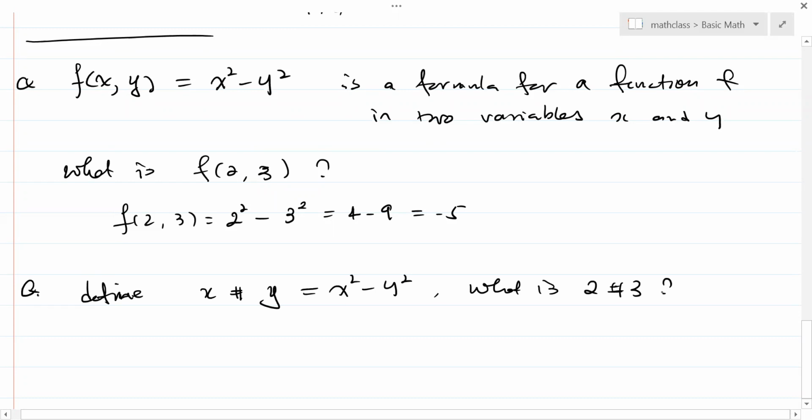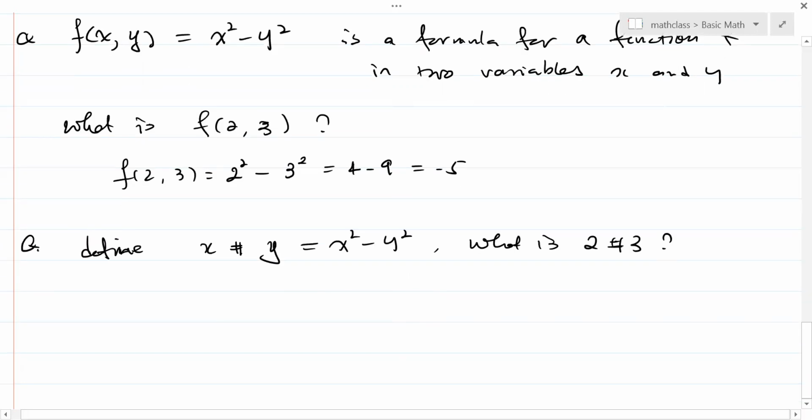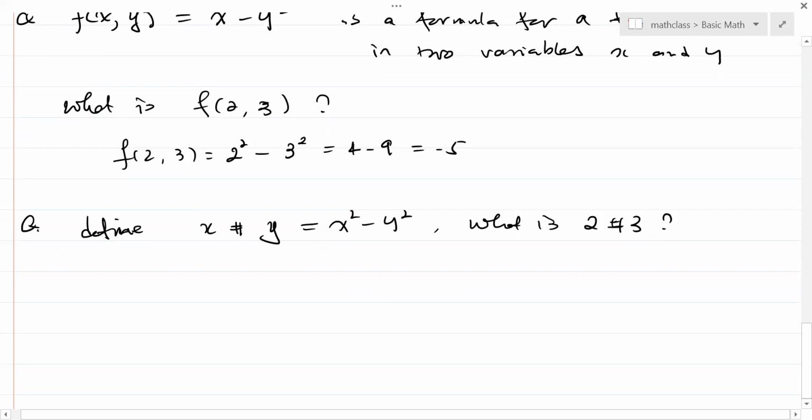This is actually the formula for a function in two variables: given x and given y, you get a number. But here we don't denote it by f, parenthesis, x comma y, parenthesis. We just define the function in two variables. So it's still negative 5, the same result.